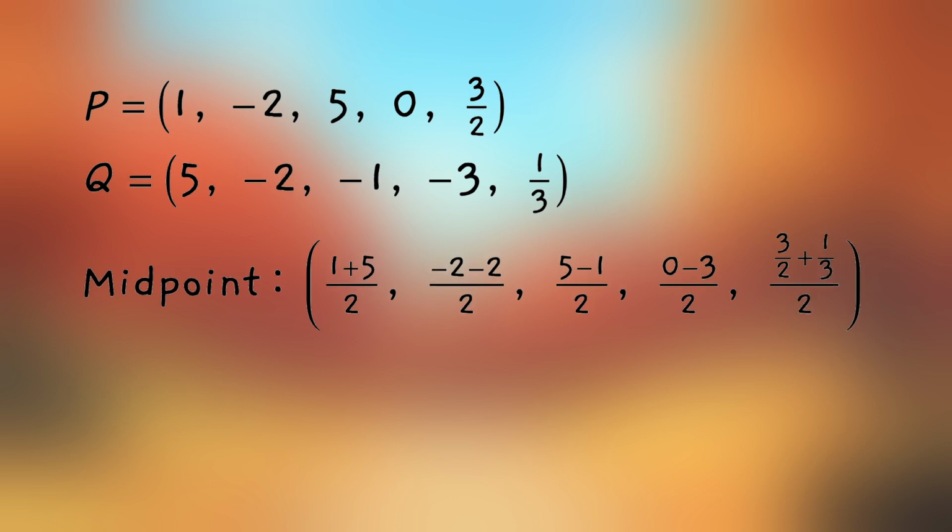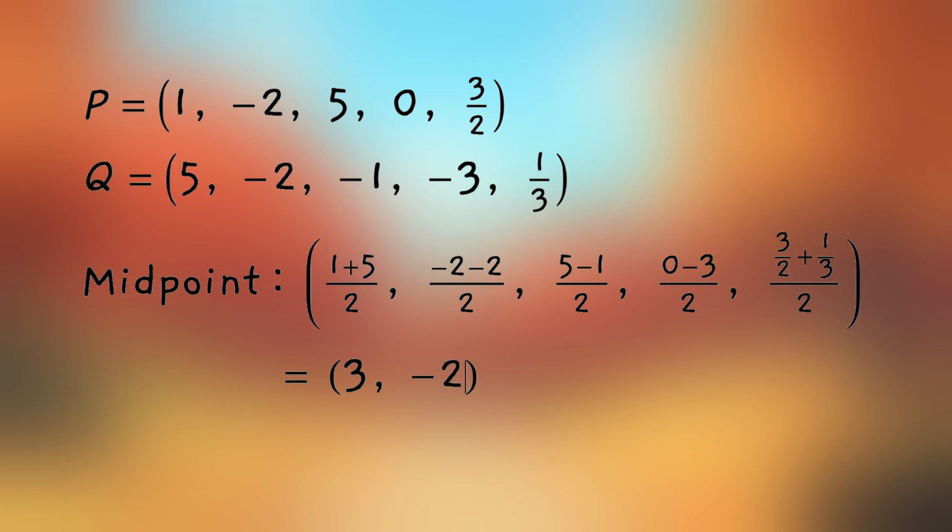So let's now go through and do these calculations. 1 plus 5 over 2 is 6 over 2, which is 3. -2 minus 2 is -4, divided by 2 is -2. 5 minus 1 over 2, that's 4 over 2, which is 2. 0 minus 3 divided by 2 is -3/2. And 3/2 plus 1/3 over 2 is, I'll do a little quick scratch work up here.